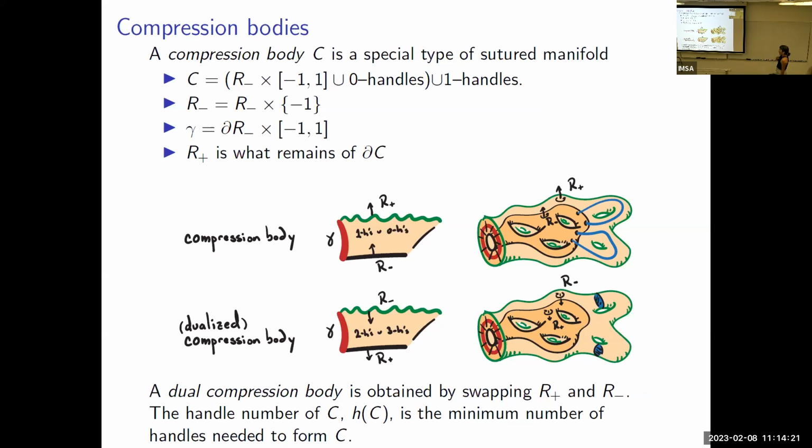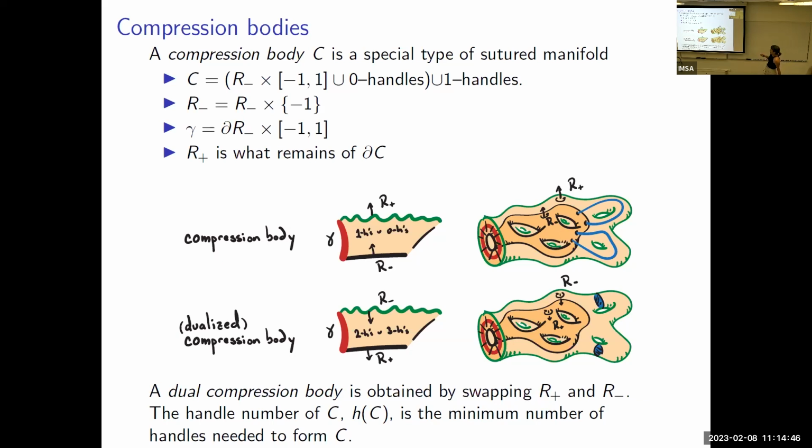We can also do this construction in the dual way, just by swapping R plus and R minus. Instead of adding 0 and 1-handles, we add 2 and 3-handles.